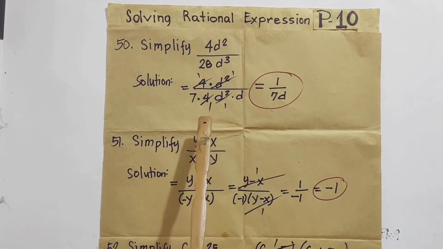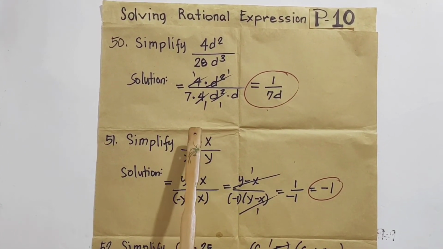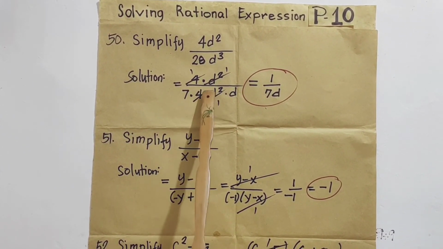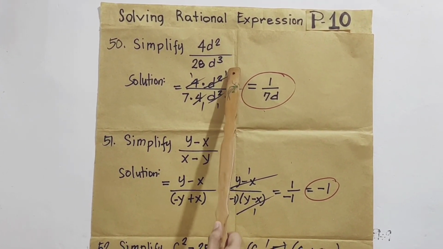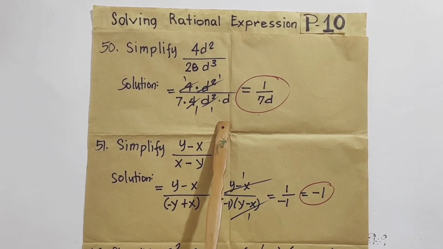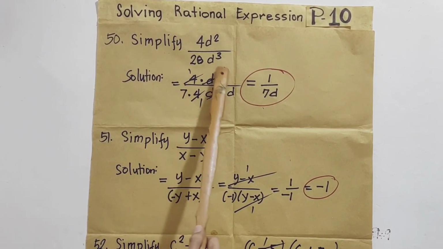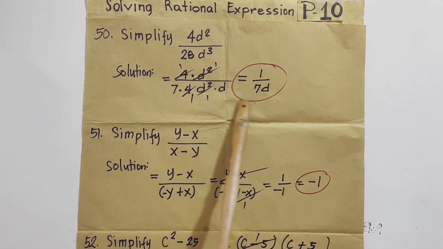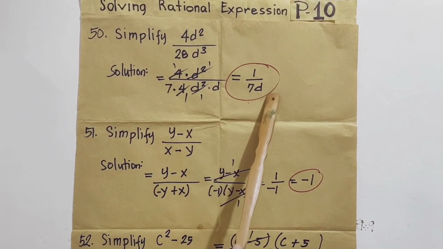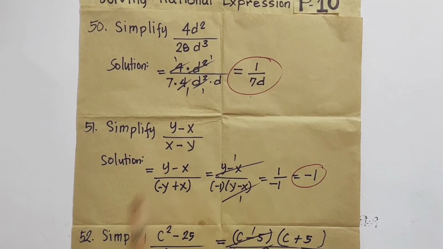Then after the factor, our next step is cancellation. You have to cancel the 4, and write 1, 1. Cancel d squared, 1, 1. Then multiply 1 times 1 equals 1, and 7 times 1 times d equals 7d. So our answer is 1 over 7d.